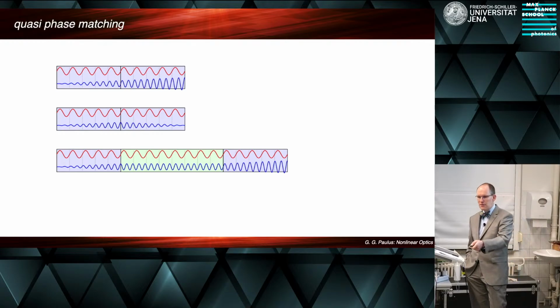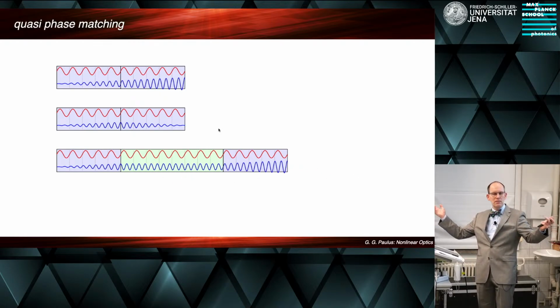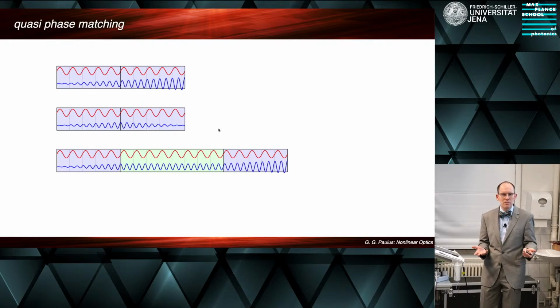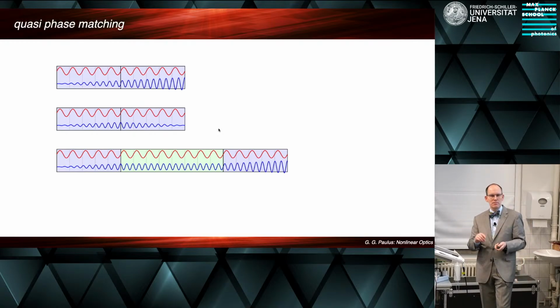Of course, at the exit face we have the problem again. But we could take another copy of that piece of glass, put it behind, and stack this nonlinear element discretely together.